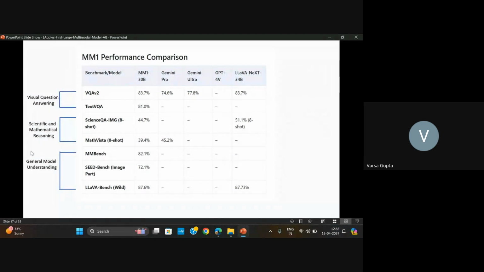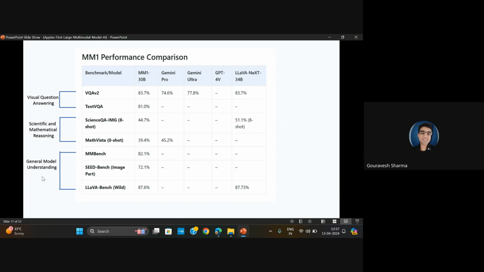And also in MathVista, we see that MM1's zero shot score indicates that it has strong mathematical reasoning, with Gemini Pro showing a slight edge. The MM1 model has a score of 39.4%, which is close to Gemini Pro, which is 45.2%.